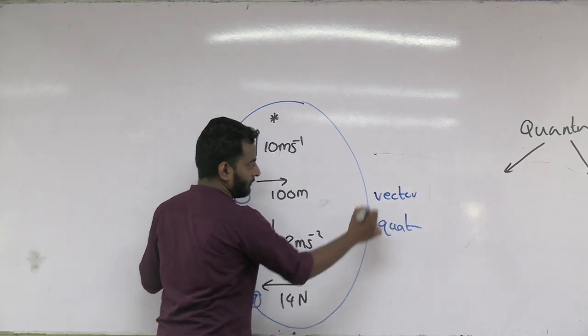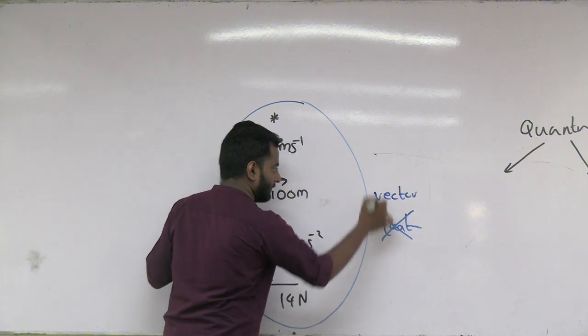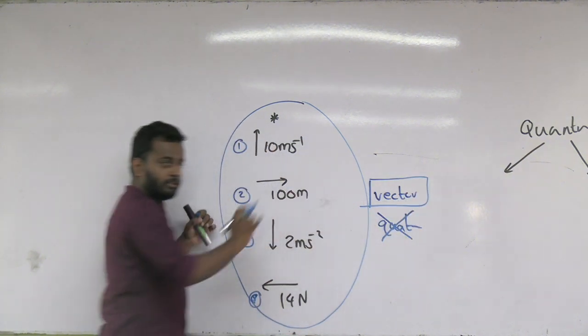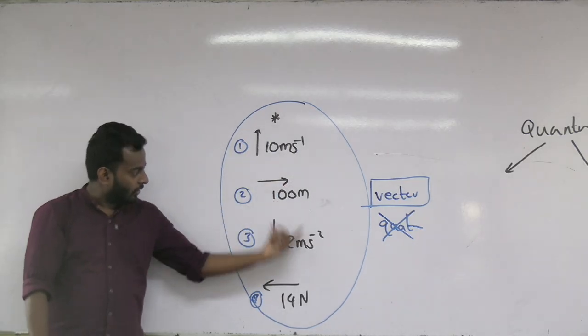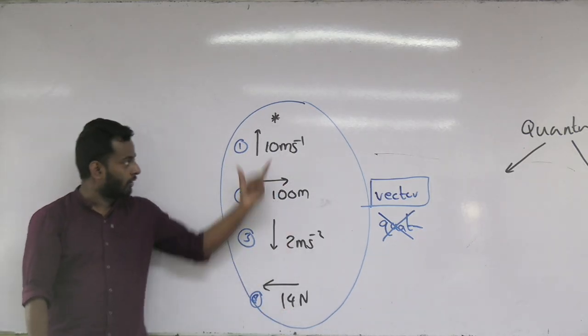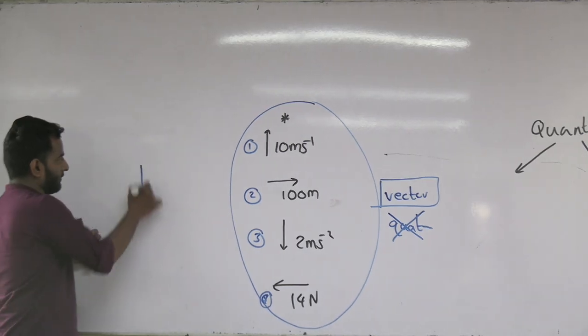But in maths we don't look into the quantity part, we just study the vector. We are not specifying whether it's an acceleration, a displacement, a force or a velocity. We just write it's a vector.